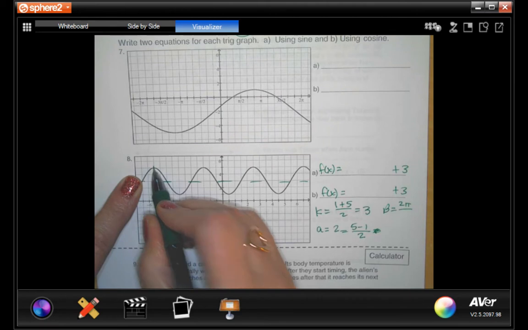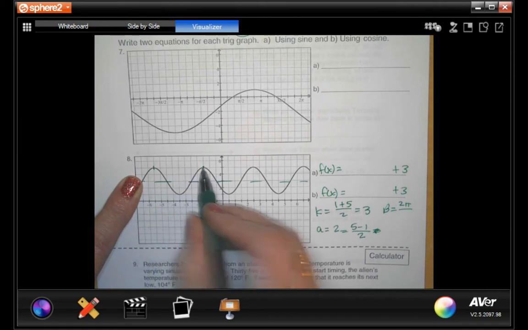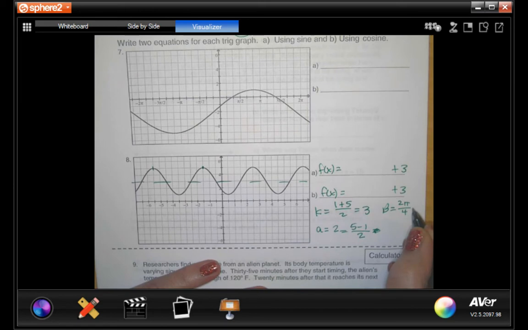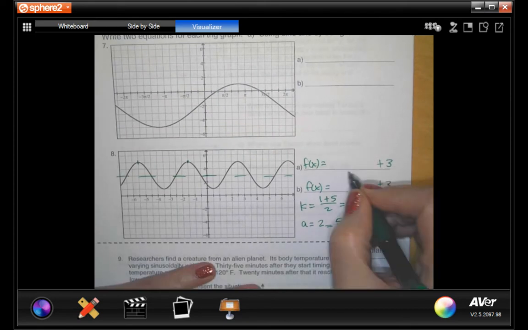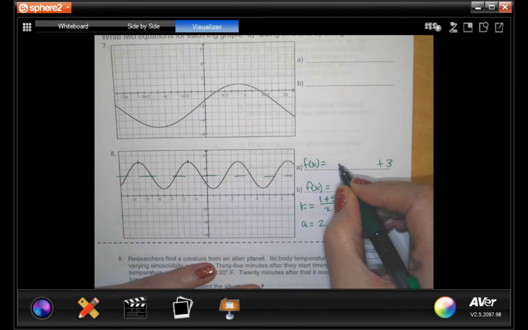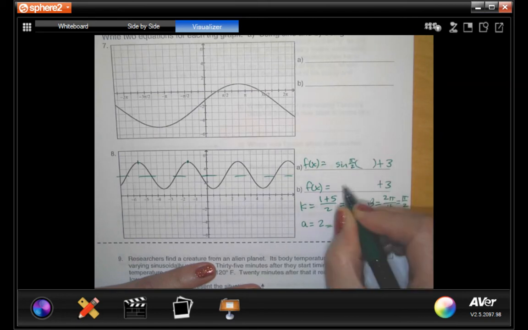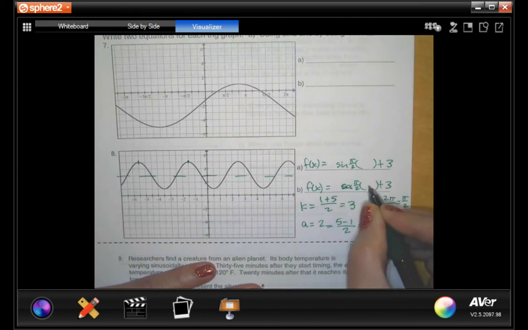So if I start here to here, 2, 4, 6, 8 spaces apart, but each space is a half, so it's 4, which would be 2 pi over 4, so pi over 2, right? Yes. All right, so we got something sine pi over 2, and then we have some shifting. And this would be cosine pi over 2, and then some shifting.